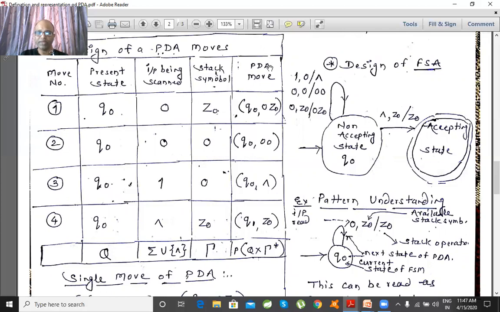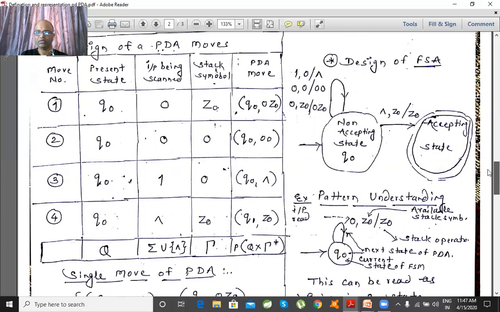And the last part of the PDA move contains a tuple: what the next state of the pushdown automata is, which is a power set of Q cross gamma star. So what the next state of the machine is, and what operations we carry out to replace the top of stack. Either we will be pushing something on top of stack or popping the stack element.